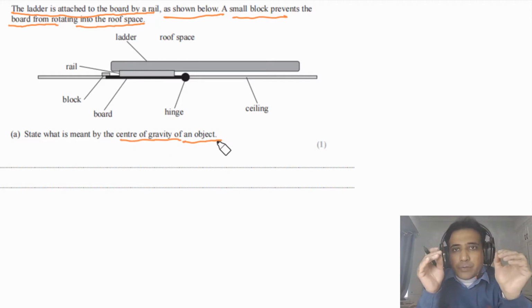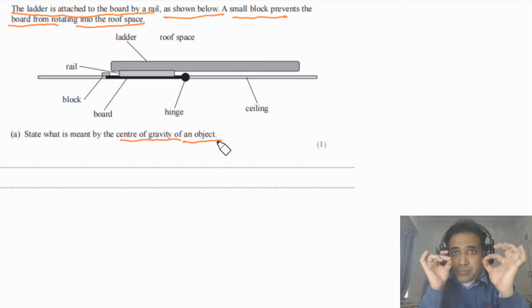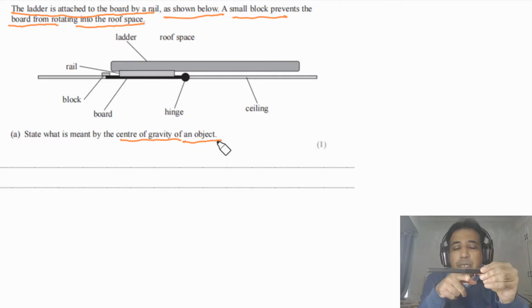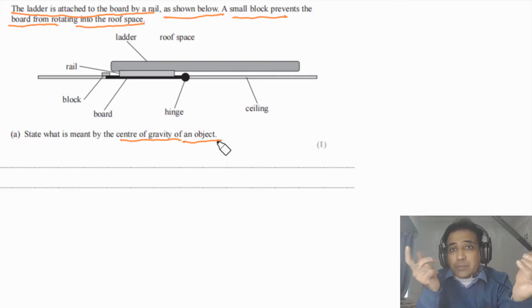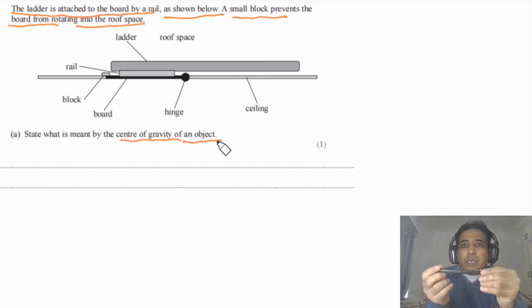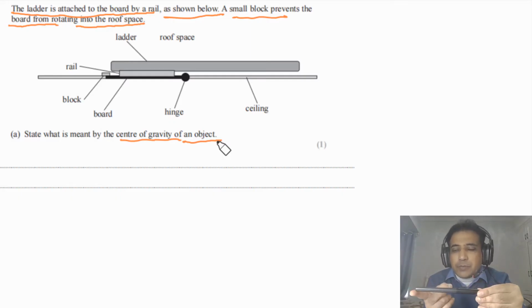Center of gravity of an object is a very important point, and it's an imaginary point where if we apply one single force, we can balance the object. So if we look at this marker, and if I need to find the center of gravity of this one, I will place my finger under this one and I will move. At one point, if I just apply the single force, I can balance this one.